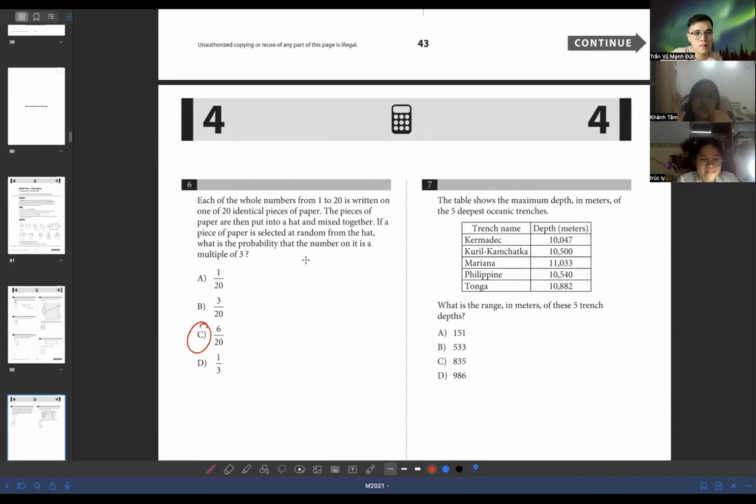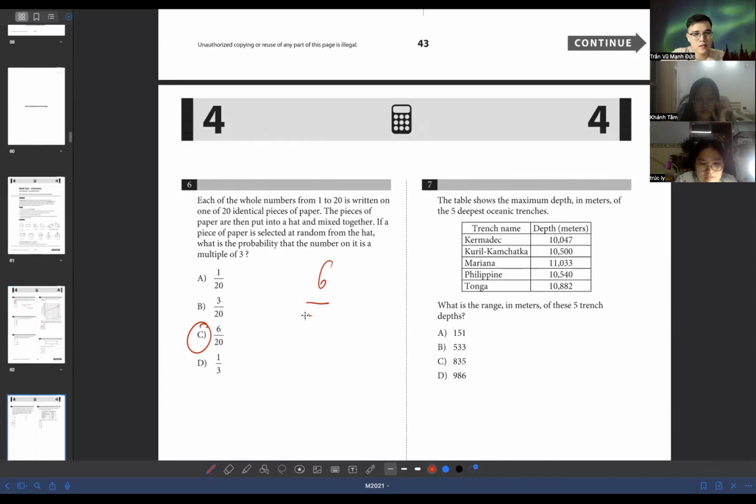From 1 to 20, there are 6 numbers that are multiples of 3, and the total number will be 20, so I take 6 divided by 20.